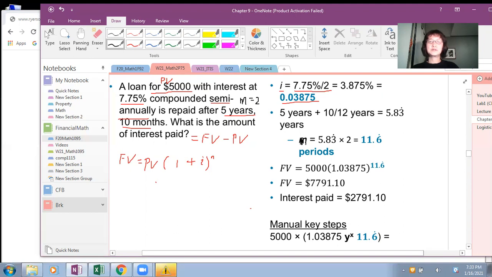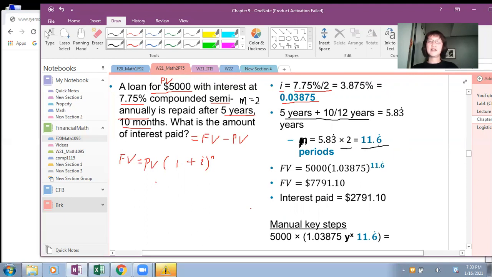n equals 5 years 10 months, and then multiply by 2, that is n. Why? Because interest is compounded semi-annually. We want to know 5 years 10 months equals how many half years.